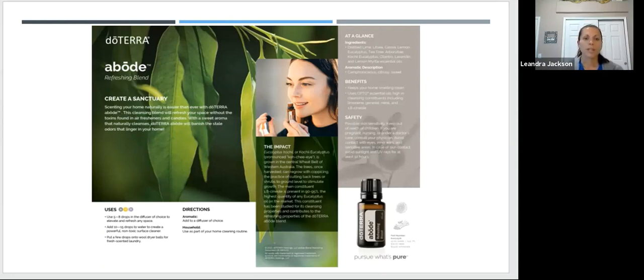But the Abode line is really great because it is very refreshing. It smells really clean. And it doesn't have those harsh chemicals like bleach or Lysol, or any of those commercial chemicals that maybe have to be used in buildings or offices or hospitals or schools, because a lot of times those harsh chemicals will also kill off any good thing that's going on.